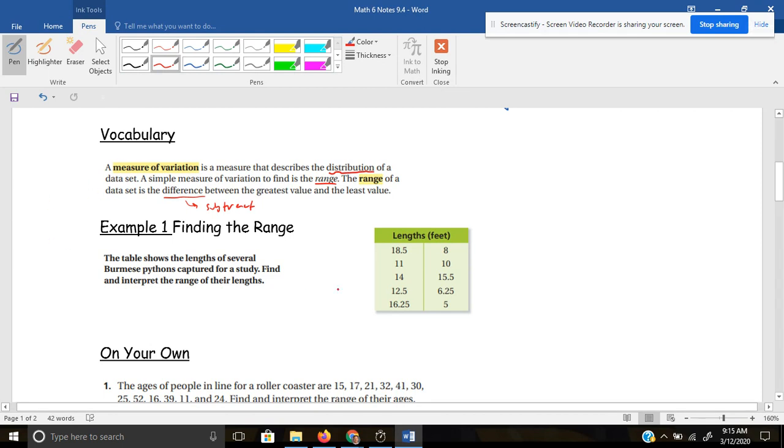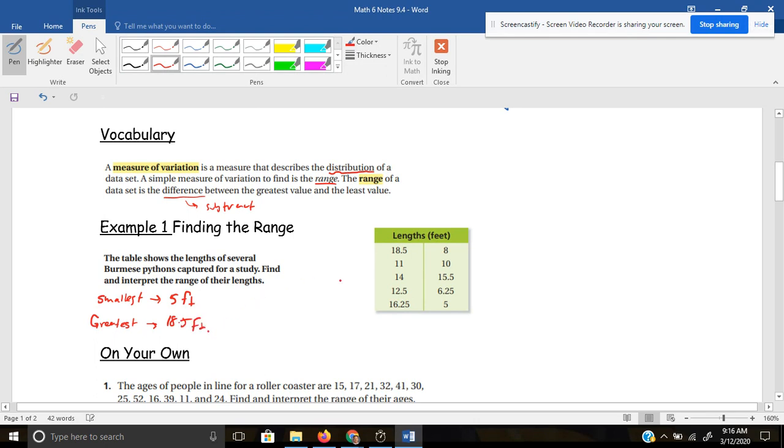I see I've got my smallest number, the smallest Burmese python that was captured, which, if you don't know, it's a snake, is 5 feet. And the greatest, or the largest, looks like 18.5 is my biggest number.